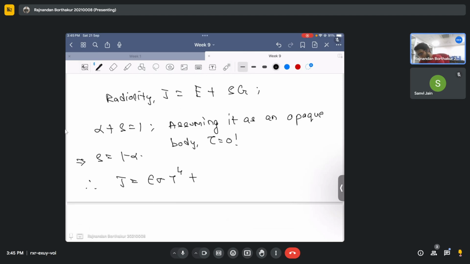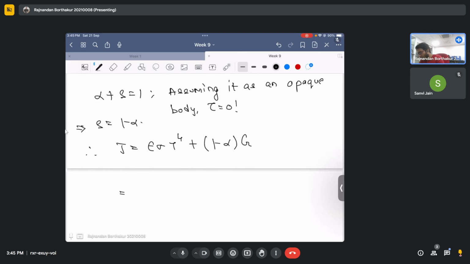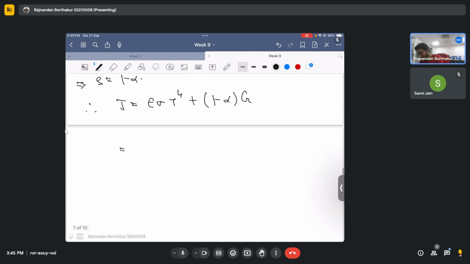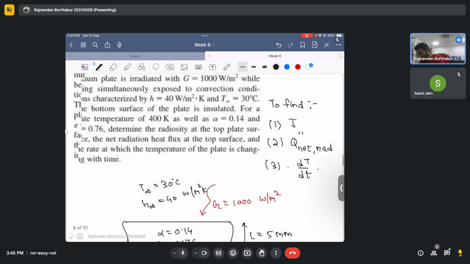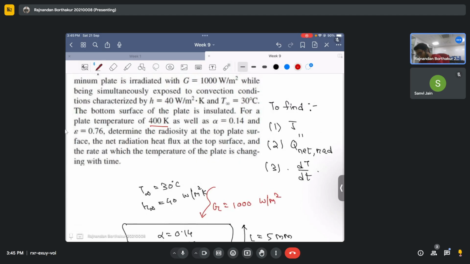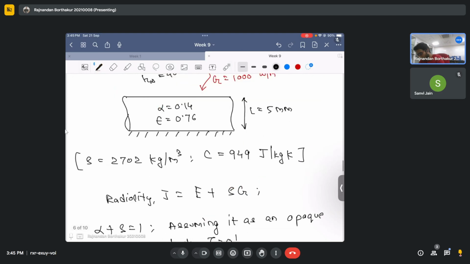And now you just need to substitute the values. Your epsilon, which is your emissivity, is given to be equal to 0.76. Your sigma is 5.67 times 10 to the power minus 8. And your temperature, the surface temperature of the body, is 400 Kelvin. This is given to you. This is your TS.